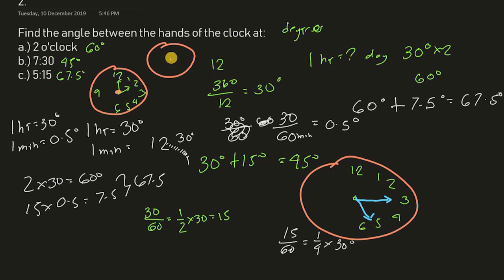Itong 7:30, di ba guys? That's 12, you have 6, you have 7, 8, 9, 10, 11. Now, sa 7:30 natin, yung minute hand mo naka-point sa 6, and yung hour hand mo nasa gitna ng dalawang to. You know that from 7 to 6, that's 30, di ba?